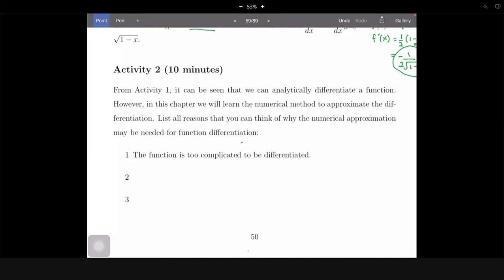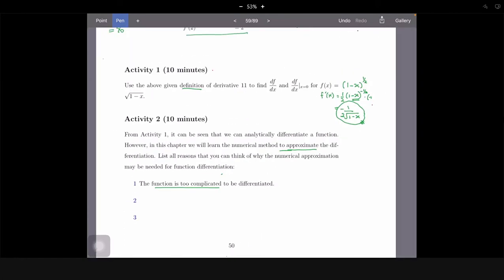Okay. Salah satu more accurate. Tak, kalau guna je numerical method, dia automatic tak jadi accurate. Dia akan jadi approximate. Dia sebab kita tak boleh mencari exact. Okay. Kalau macam case ni, kita boleh cari the exact differentiation.